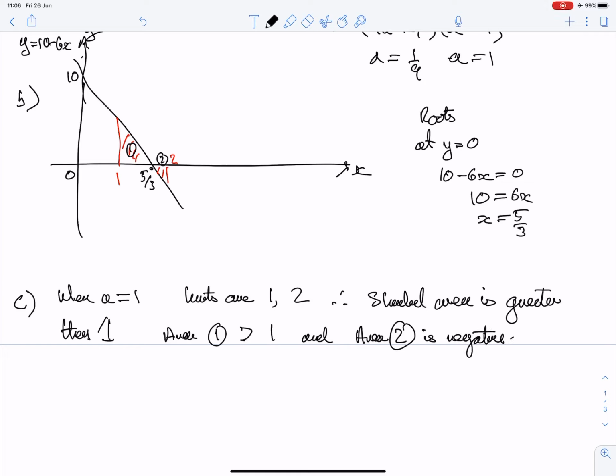And when you combine the two, you get 1. So area 1 plus area 2, which is negative, will equal 1. I hope that's clear.